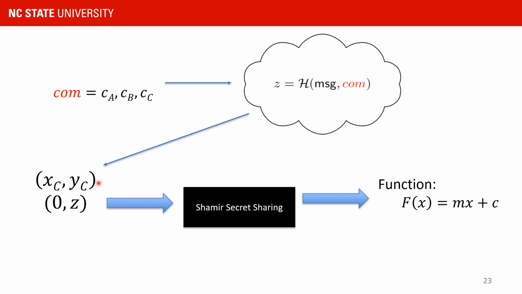So you'll notice that this is the number of non-signers plus 1 points, which, if you go through Shamir secret sharing, gives a polynomial of degree equal to the number of non-signers. So with one non-signer, I'm going to get a linear function, right? Here I have Charlie and the point (0, z), and that uniquely determines f of x equals mx plus c.